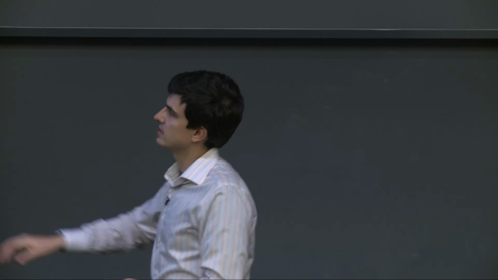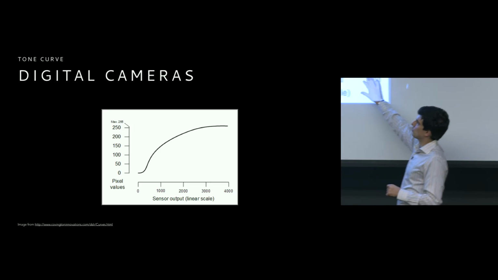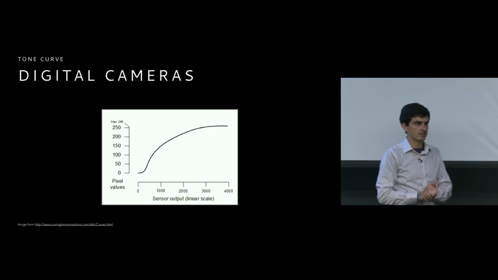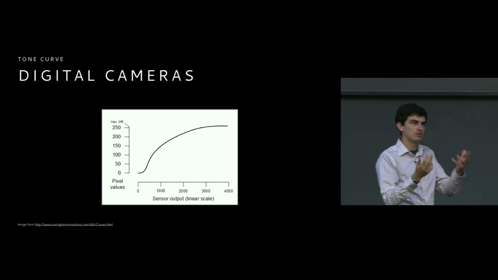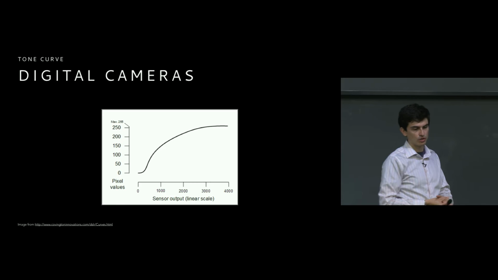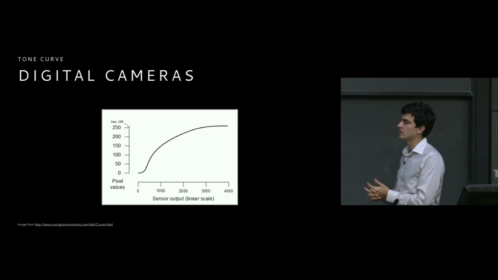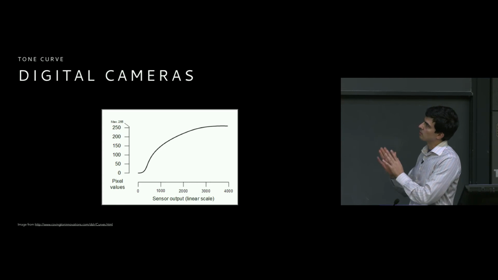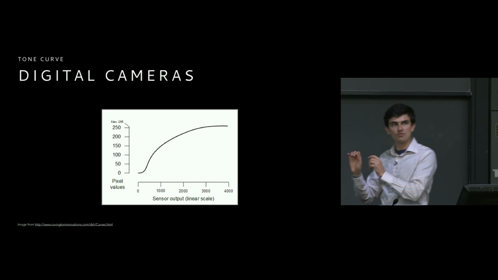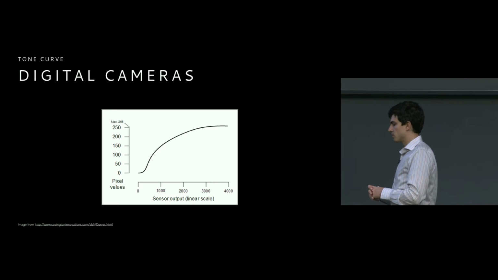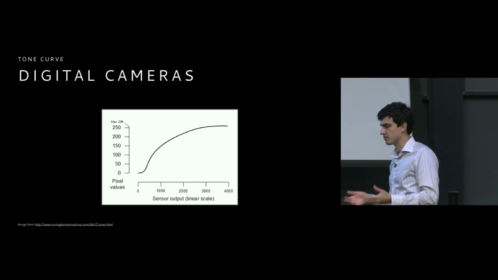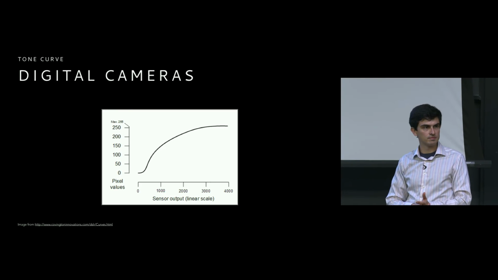But again, how we see is more akin to this, where our brains remove emphasis from the darkest regions and the brightest regions, and we pay attention to the subtleties and tones in those middle regions. And applying this tone curve is a very important step in the process of computing the final image from a sensor.